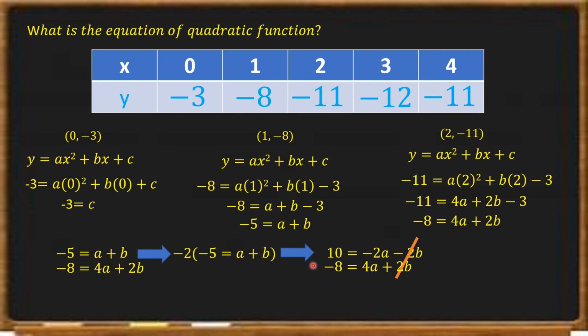Then let's add 4a and negative 2a, different signs, subtract, so it is 2a. Then positive 10 and negative 8, subtract, positive 2.